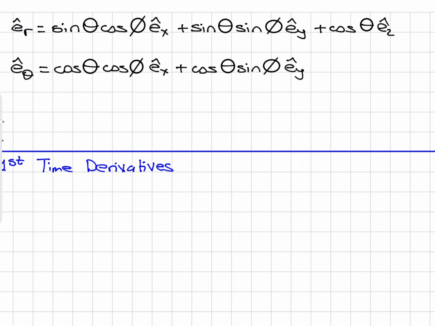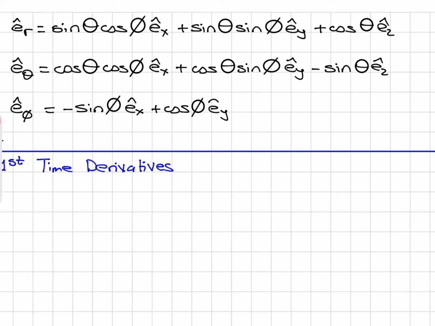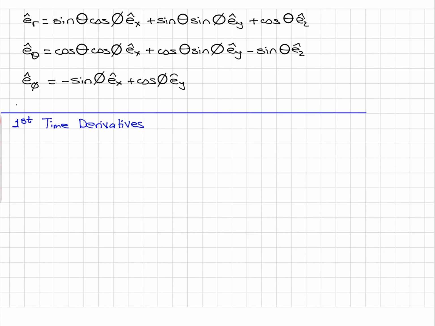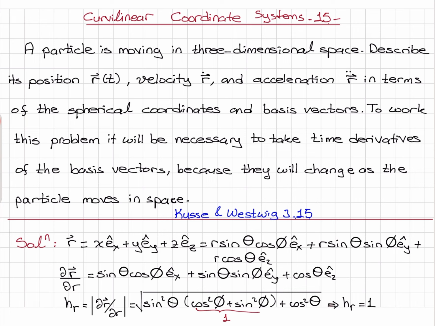And finally we have minus sine theta in ez hat direction. And the last unit vector, the azimuthal unit vector e phi hat, was found to be minus sine phi in ex hat direction and plus cosine phi in ey hat direction. So in order to continue this calculation, it's mentioned in the problem statement that we will need the time derivatives of these basis vectors.